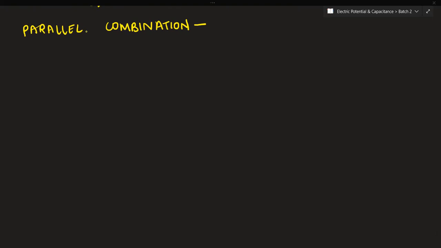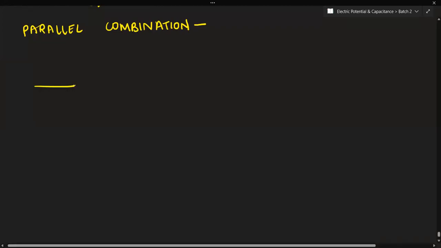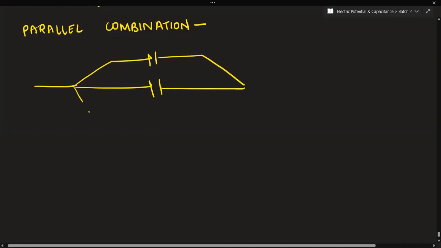Now, parallel combination, the way charge remains the same in series, similarly, potential remains the same. So if you have parallel combination, let's say this wire has this capacitor, this wire has this capacitor, and this wire has divided into three parts, not equal, let's say 3 parts.